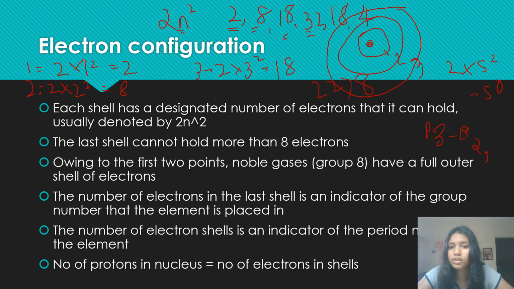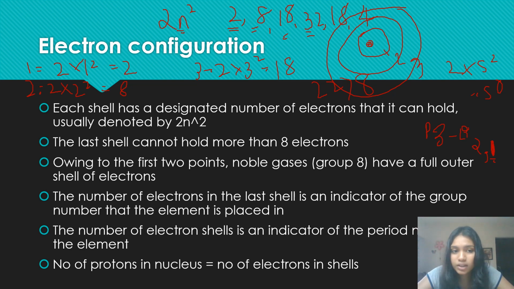Comma, how many electrons are left? 3 minus 2 already done, so 1. Does it satisfy the criteria of less than 8 electrons being held in the last shell? Yes. Okay. And so basically it's 2 comma 1. Now the last shell has 1 electron. The last shell also indicates the group number. Last shell has 1 electron, therefore it's in group number 1. Okay. So that's basically what it means.